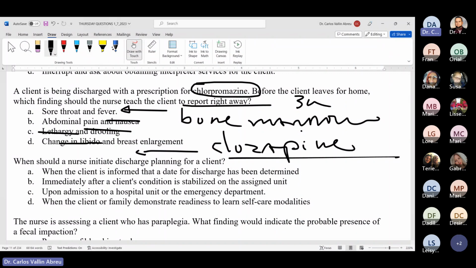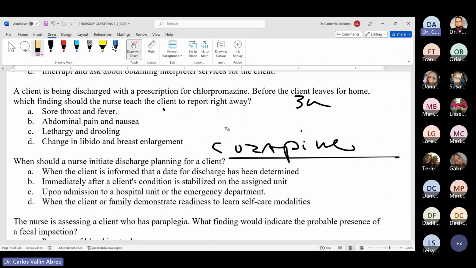Sorry for calling you at 3 a.m. because I don't have libido. But sore throat and fever is the symptom that characterizes agranulocytosis because of bone marrow depression. And it could be a priority, an urgency, because it is associated with septicemia. So it can produce sepsis, because you don't have white blood cells.